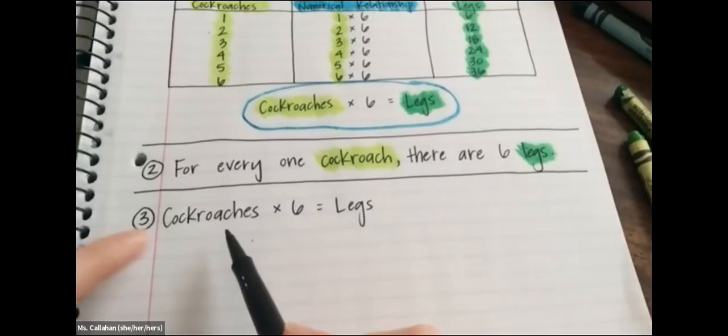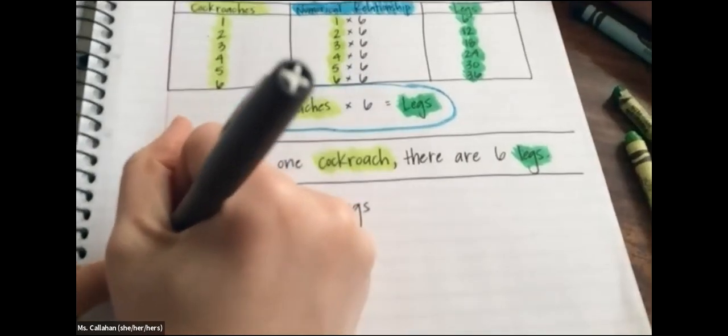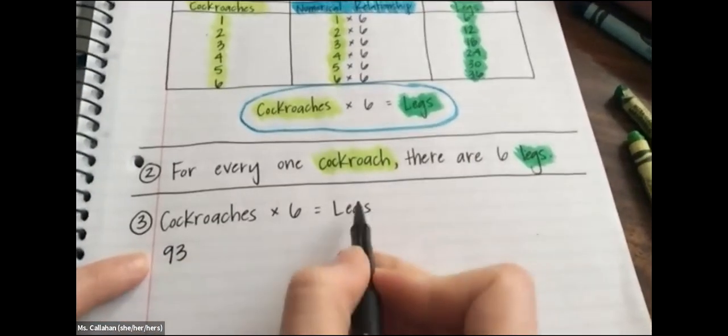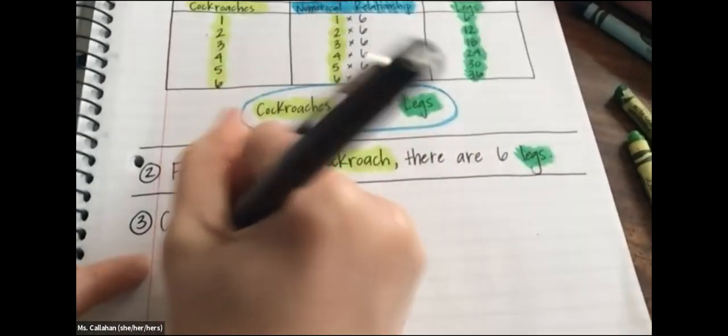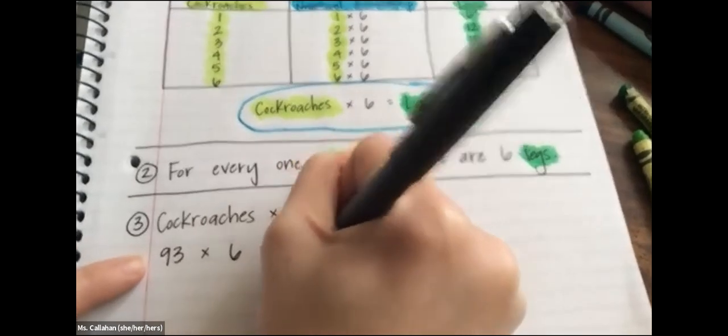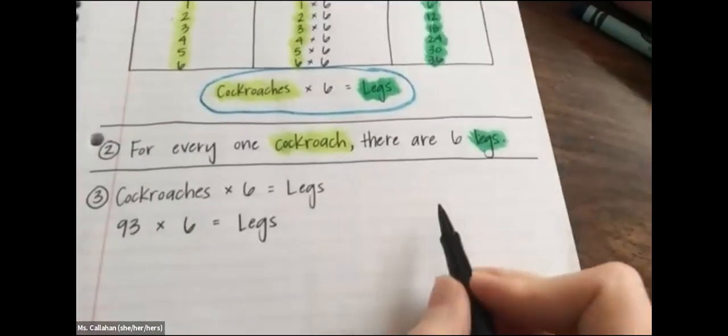So here, we're going to plug in 93, because we know that's the amount of cockroaches. Then we're going to copy the rest, times 6 equals legs. Okay?